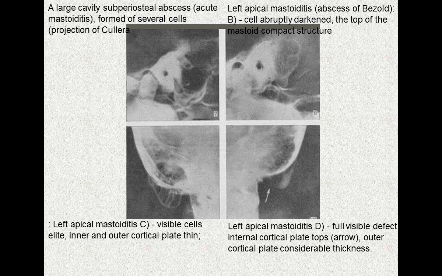Visible cells, inner and outer cortical plate seen, visible defect in the internal auditory canal plate, top, outer cortical plate, cortical thickness here. Large abscess cavity, large acute mastoiditis formed of several cells as we see. Left apical mastoiditis here.